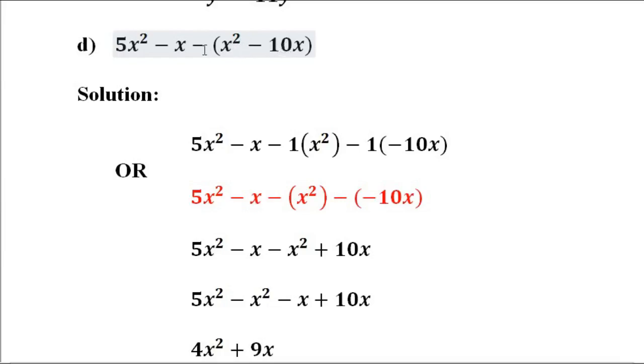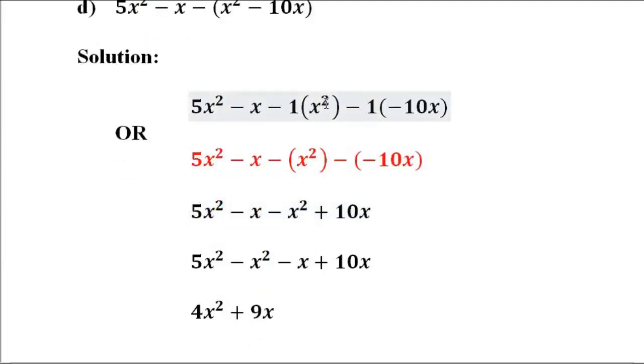So let's distribute the negative 1 to the x squared and to the negative 10x. This gives us negative 1 times x squared, negative 1 times negative 10x, or negative times x squared and negative times negative 10x.